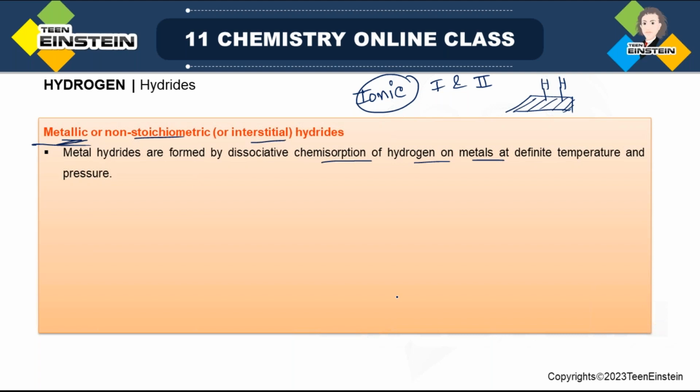It is not physisorption. There are two types of adsorption possible, physisorption or chemisorption. But actually it is chemisorption, where an actual metal-hydrogen chemical bond is present on the surface of the metal at a definite temperature and pressure. So it is dissociative chemisorption of hydrogen at a particular temperature. This metal-hydrogen bond can also be broken.